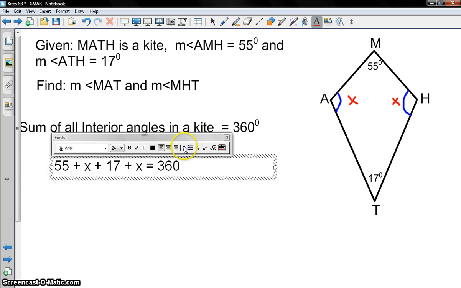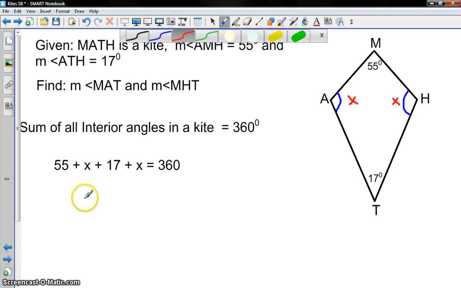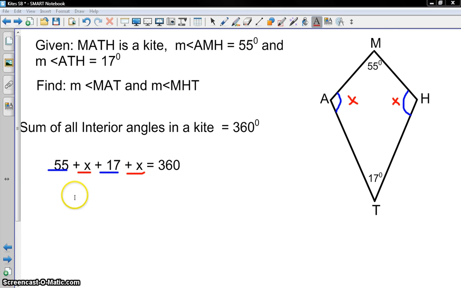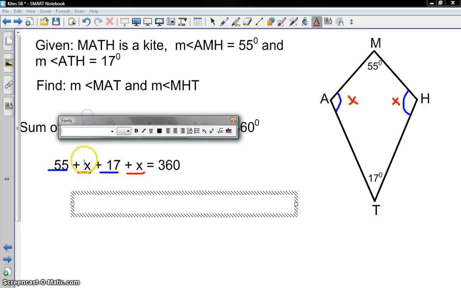360. Now, of course, we're going to look at like terms. So x's are definitely like terms, but also 55 and 17, I can add those two together. So what I'm going to have is x plus x will give me 2x, plus 55 plus 17 will give me 72.